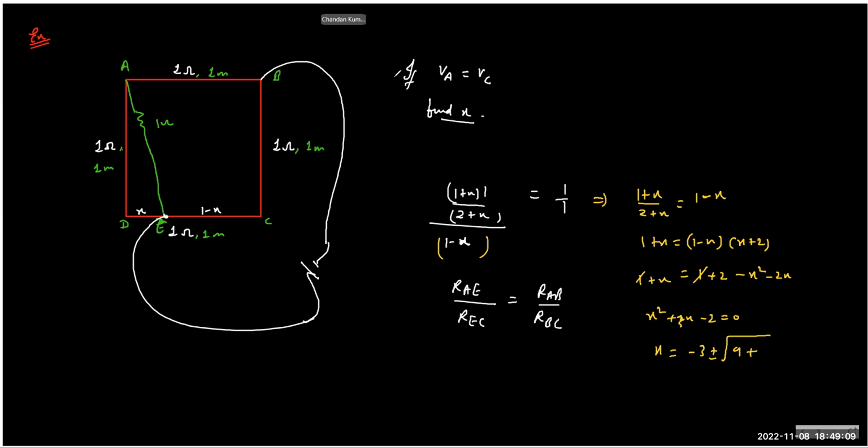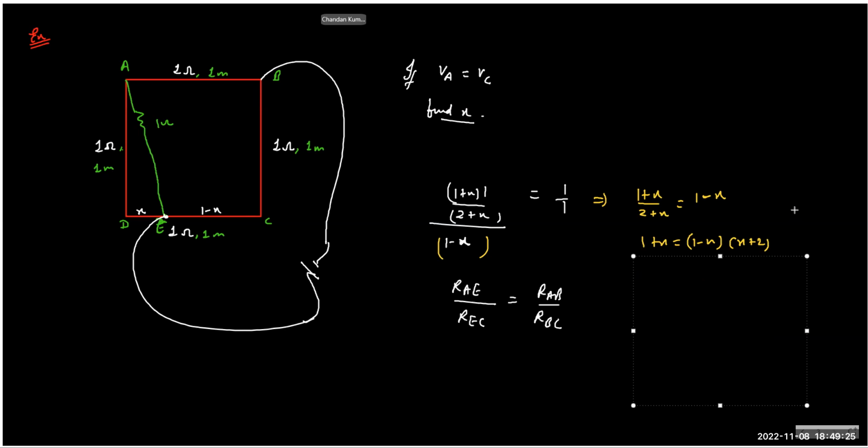It is minus 1, x square plus 2x minus 1. Oh, okay, that's why. It is x plus 2. I have written wrongly here. Correct. I think the answer is minus 1 plus root 2. Correct, that's the right answer. So the answer is root 2 minus 1, which is 0.414.